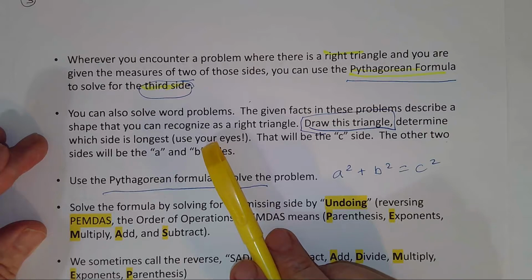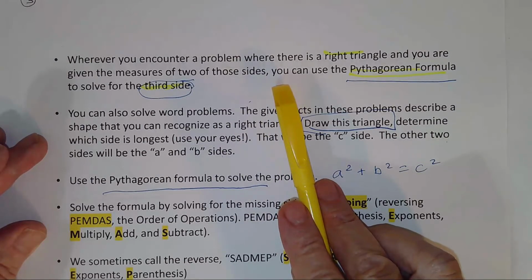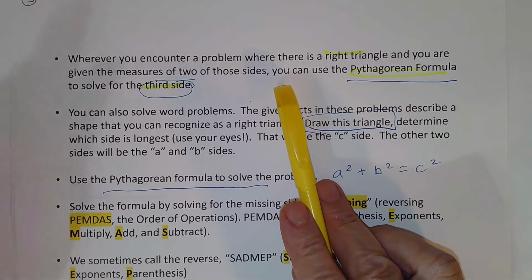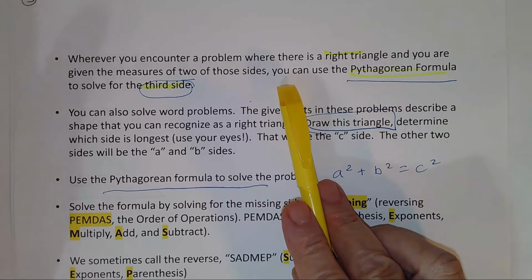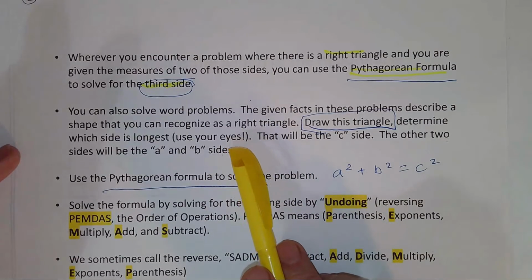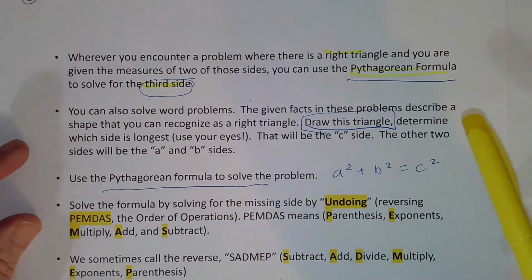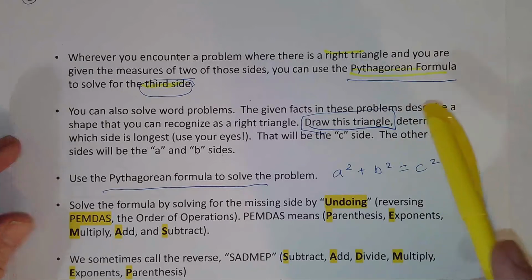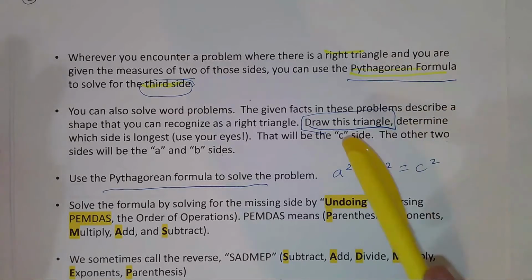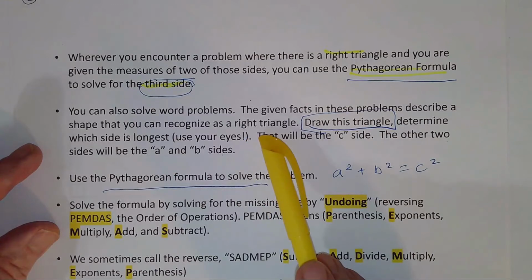A lot of problems give you the obvious drawing of a triangle and tell you to solve for one of the sides. But sometimes you're given a word problem and it's not so apparent that you've got a triangle. So look at the facts of the problem. They will describe the shape that you should be able to recognize as a right triangle. We're going to look at one of these actual problems so you can see how it works.